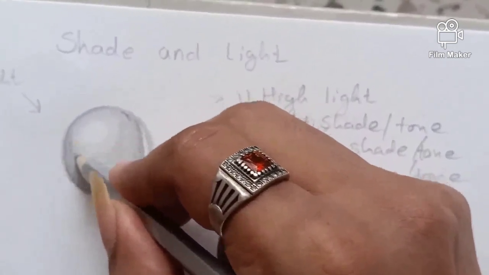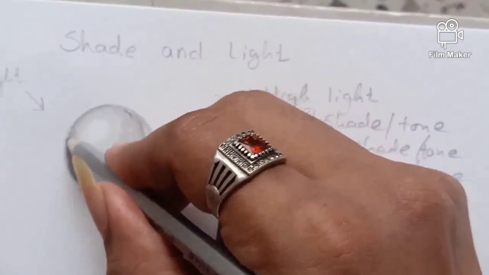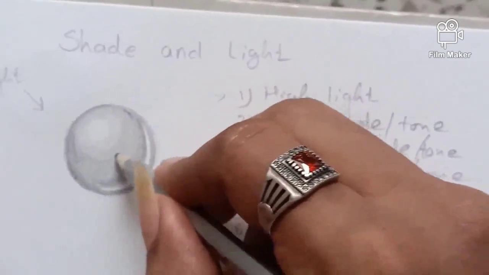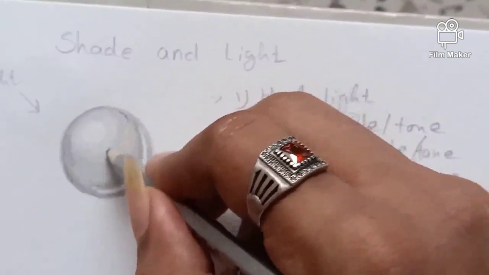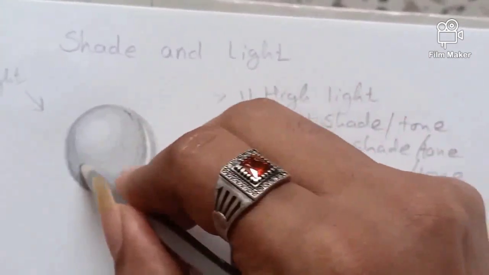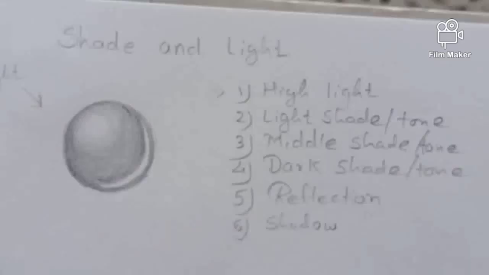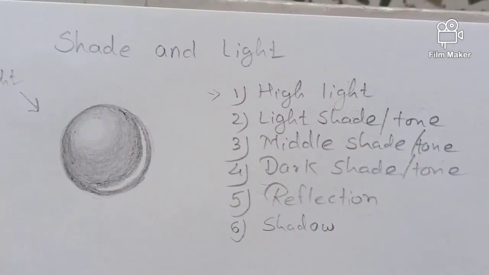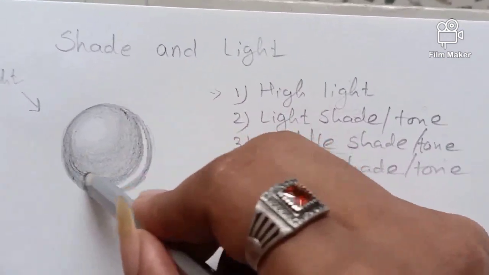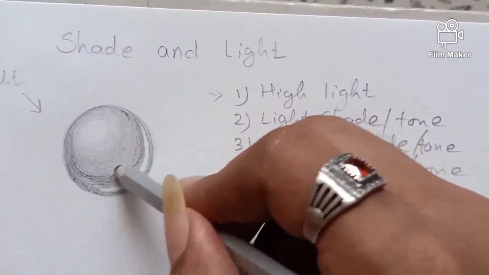It should not look like strokes or lines or something. Now for making it darker, you can utilize a darker pencil like an 8B or a 10B, whatever is available.